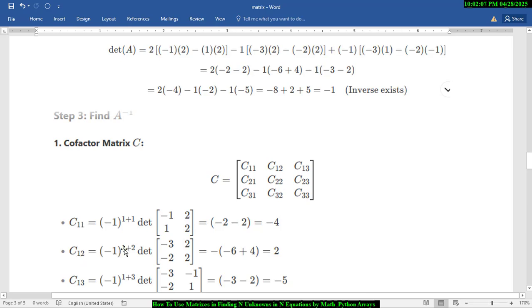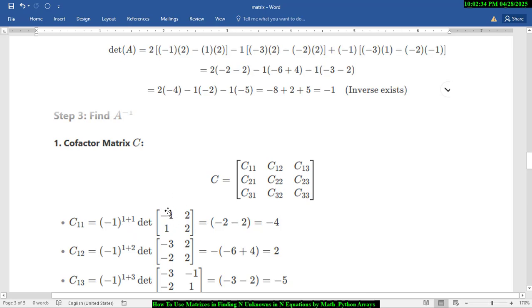C12 is minus 1 to the power 1 plus 2, because here 1, 2. Then 1, 3, 1 plus 3, and so on. So we have minus 1 power 2, which will be positive. Minus 1 power 3, odd, will be negative.